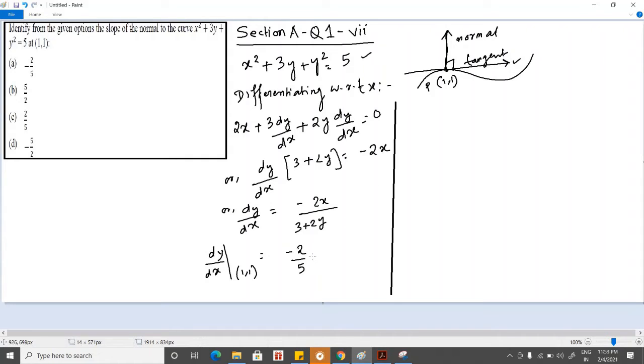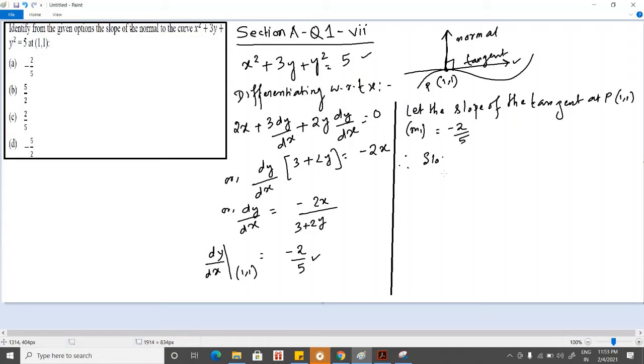So this gives us the slope of the tangent. Let the slope of the tangent at point (1, 1), within bracket let us consider this as m1, equals to minus 2 by 5.